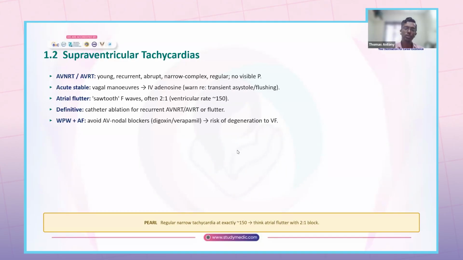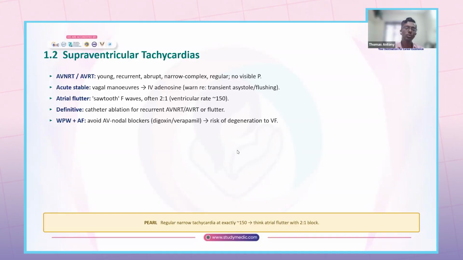Okay, so in acute stable cases, you can try with vagal maneuvers. Then, if it is not coming down with vagal maneuvers, you can give IV adenosine. The patient is conscious, so what are the things you should be advising the patient? That a transient asystole or flushing is possible.